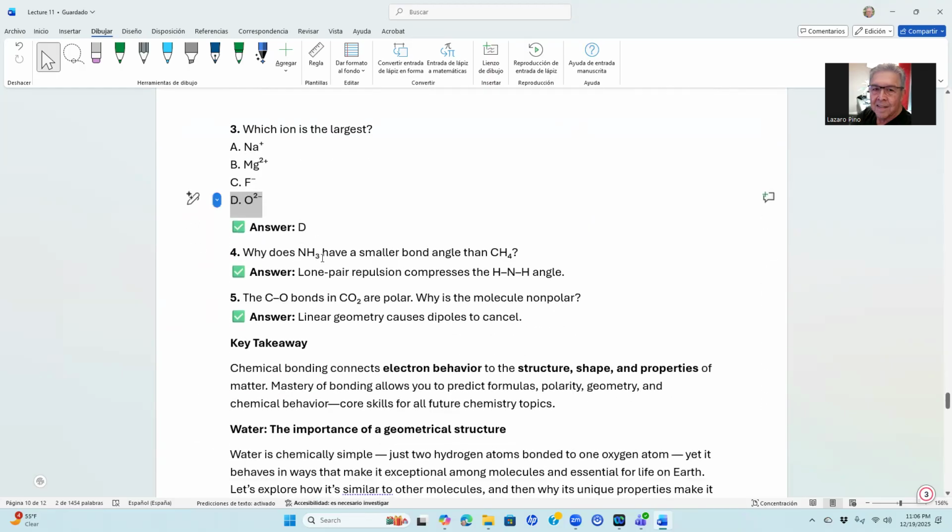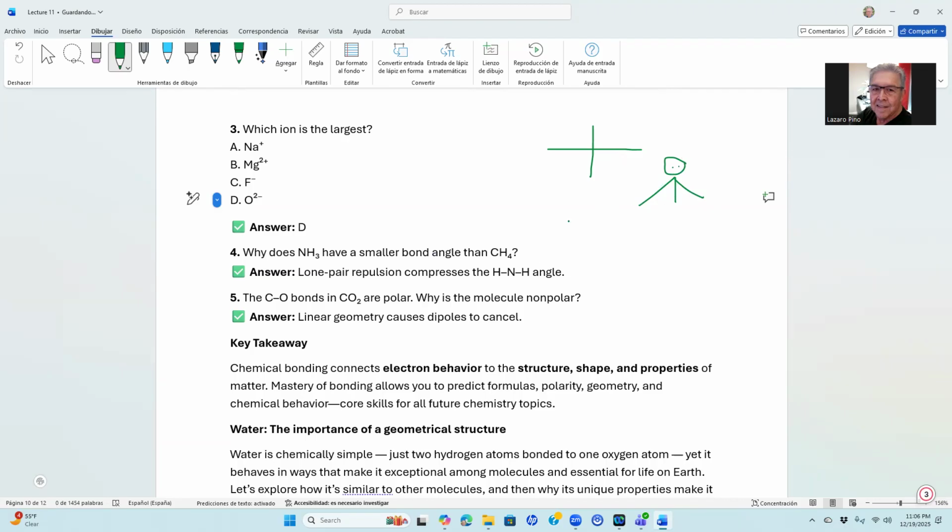Why does NH3, ammonia, have a smaller bond angle than CH4? Because CH4 is tetrahedral, but ammonia has a lone pair here and is pyramidal.